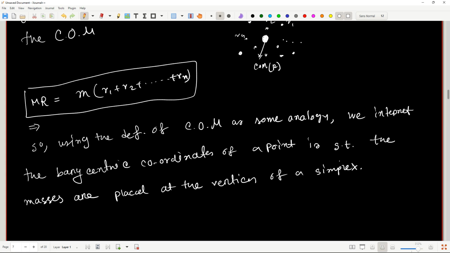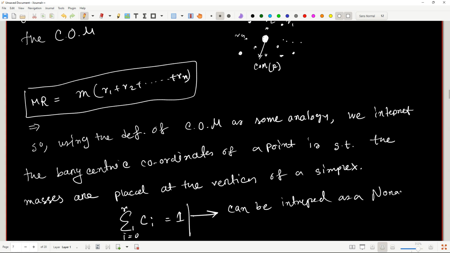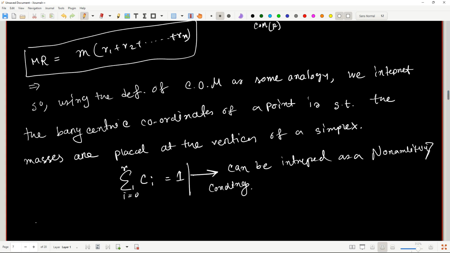If you do that, then the summation condition that we saw earlier can be interpreted as a normalizing condition. What is normalization? If you are talking about probabilities, then you know that the sum of all probabilities is equal to 1.